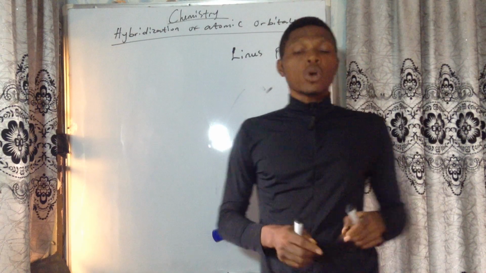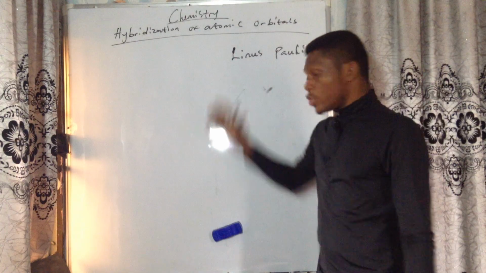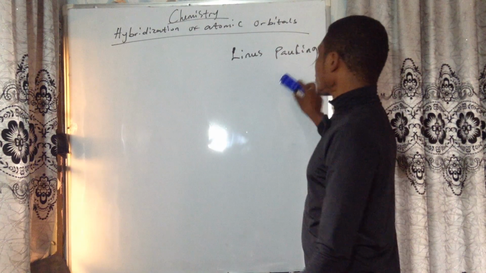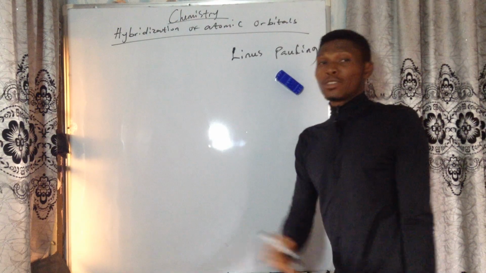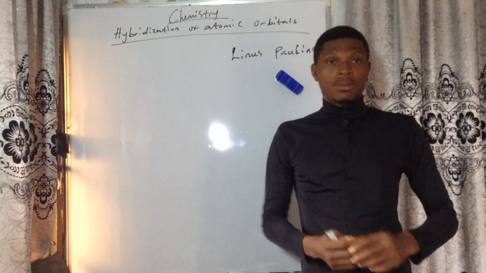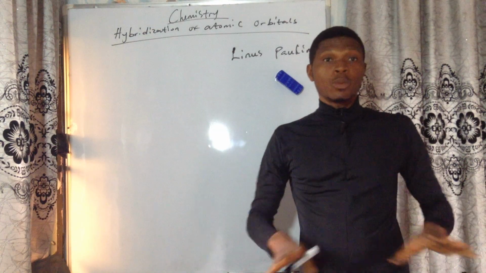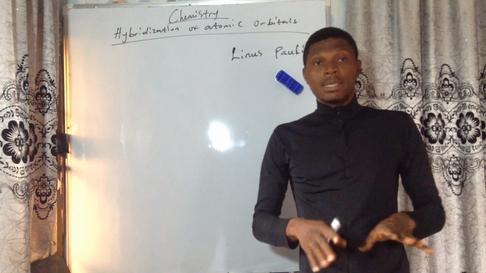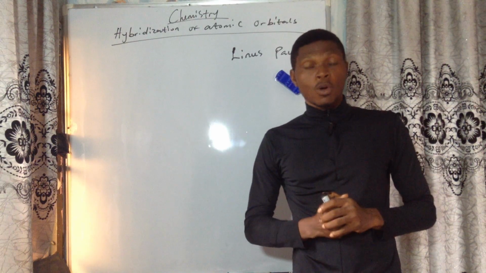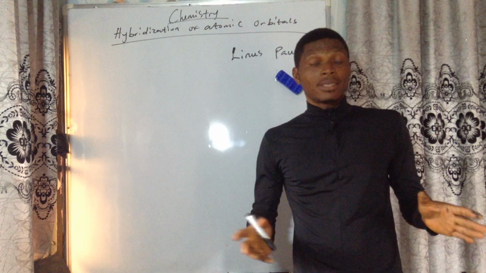Now, before delving into this topic, it will be good to define what we mean by an atomic orbital. The current atomic model, that is the atomic model that we use today, is the quantum mechanical model of the atom, or we can call it the wave mechanics model.